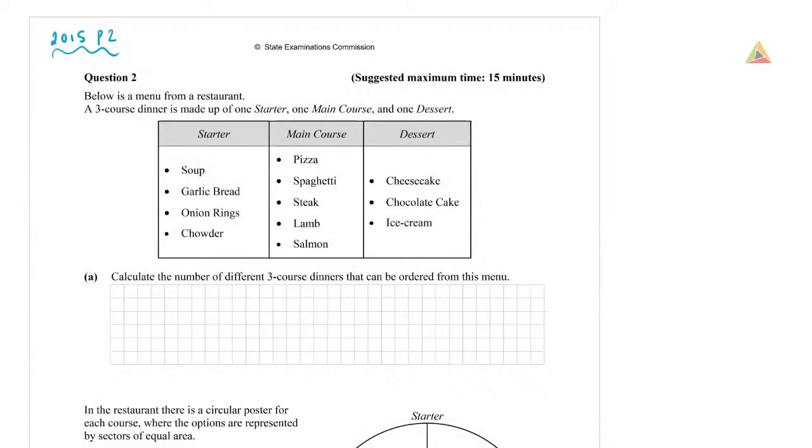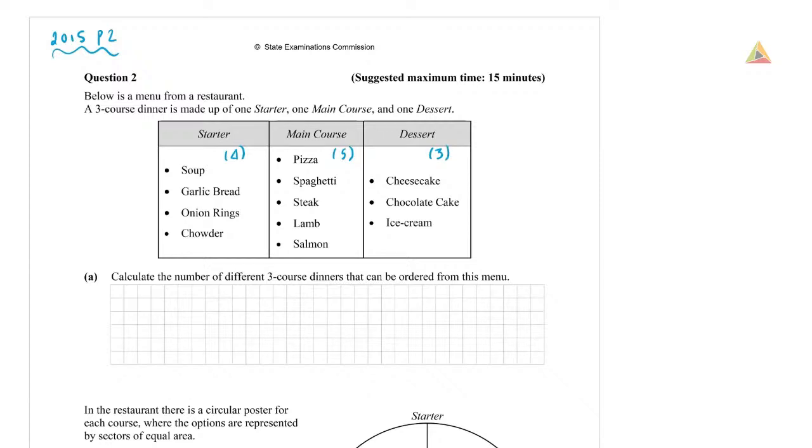Now if we look at the starters, there's soup, garlic bread, onion rings or chowders. We have 4 options from the starters. For the main course you can pick pizza, spaghetti, steak, lamb or salmon. So there are 5 options to pick from the main course. And then finally dessert, there's cheesecake, chocolate cake or ice cream. So that's 3 options. So just keep that in mind.